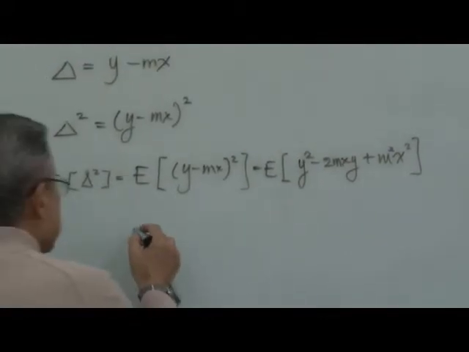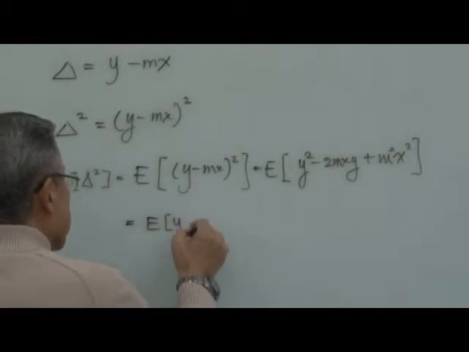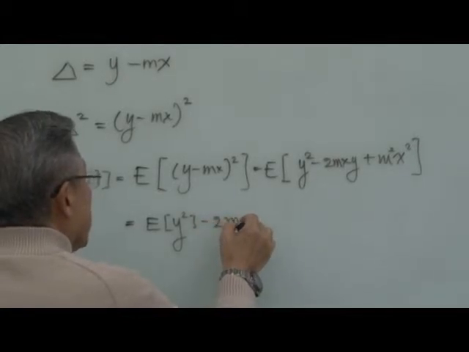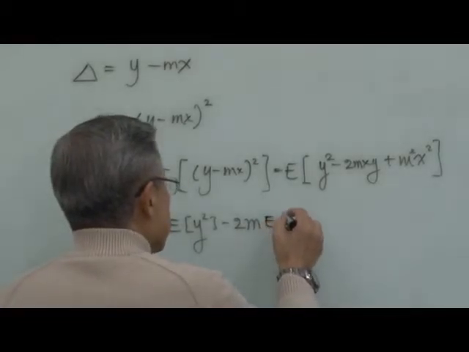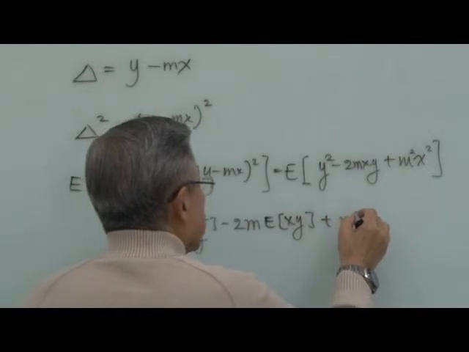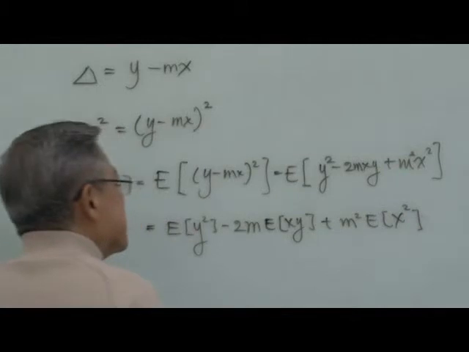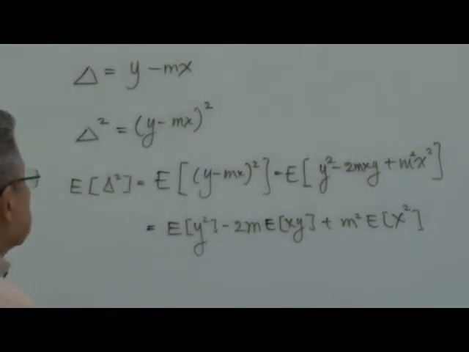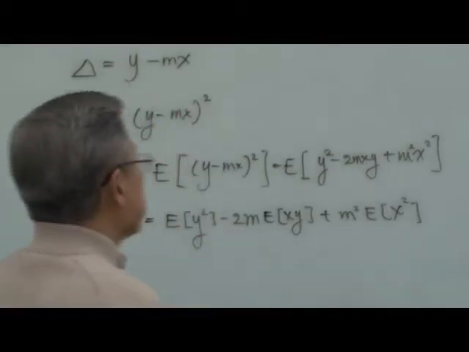So if you apply to each term, then you have E of y squared minus 2m. m is a constant, right? So 2m E of xy plus m squared E of x squared. Is it all correct? Yeah.